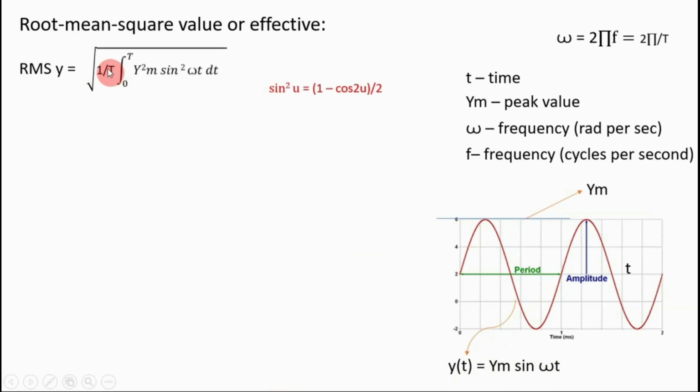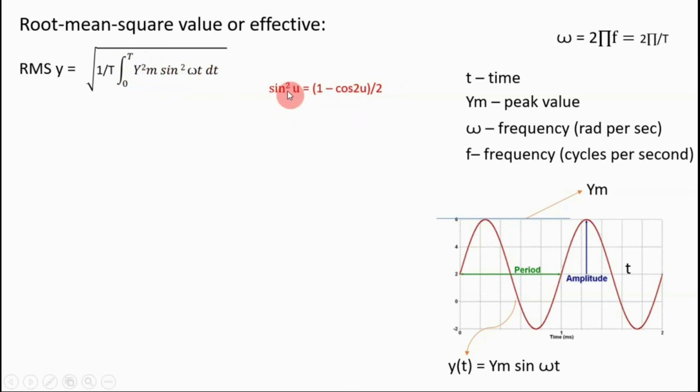So that is the square root of 1 over t, integration from 0 to t, ym squared, peak value, sine squared omega t dt. Now if you will integrate this value, you need to first convert this to a trigonometric identity for easier integration.